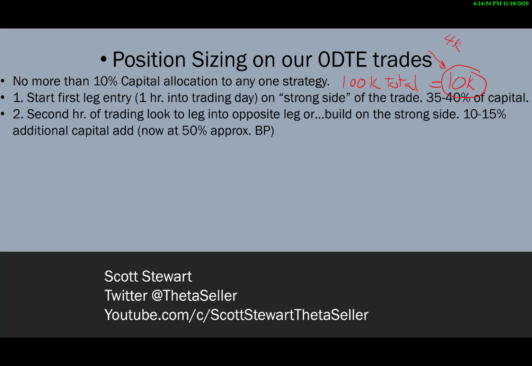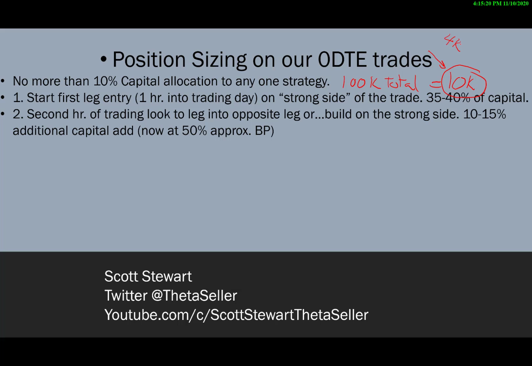If we start off with a call leg, we would put in the corresponding put leg. Now, of course, as you know, with iron condors and spreads, once we do that, we don't have to come up with any additional buying power. That doesn't cost us any of our buying power because we've already allocated our risk capital in the first side of that trade.